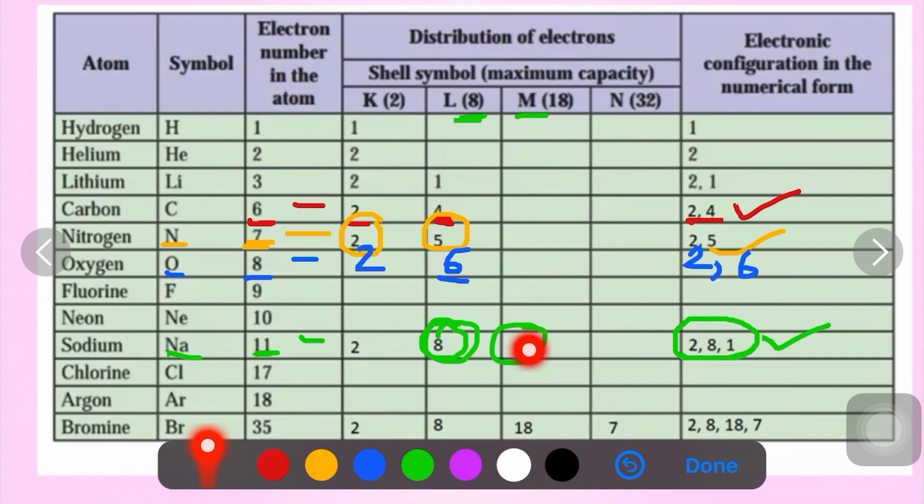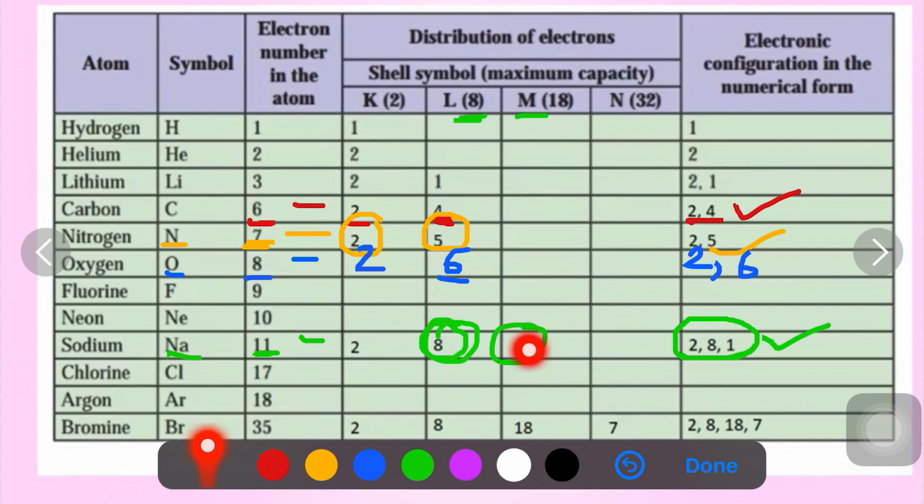The electronic configuration in numerical form contains numbers separated by commas. Here the numbers indicate the electron number in the shells in increasing order of energy. For example, the electronic configuration of sodium is 2, 8, 1.